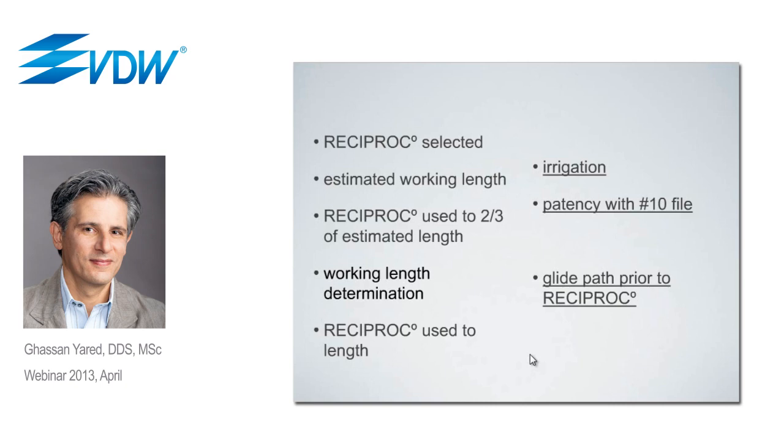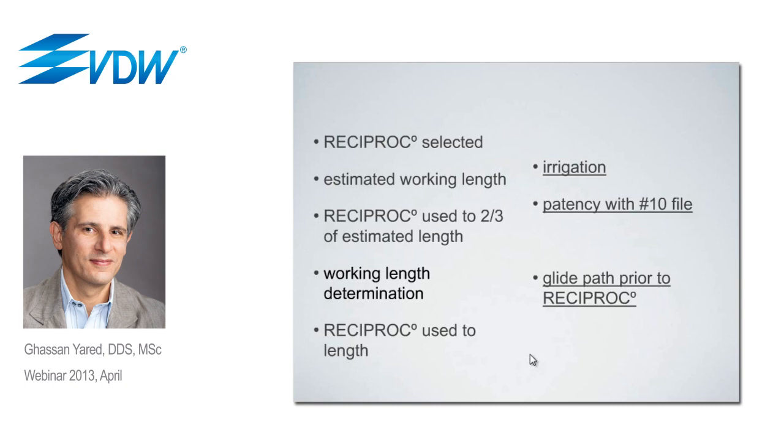And again here, I just want to remind you that the irrigation protocols, patency, the access cavity guidelines, and the guidelines for a straight line access do not change. Now, talking about straight line access, we do not use with this concept any orifice openers, we do not use any drills. The straight line access will be obtained with the reciproc instrument itself by brushing.